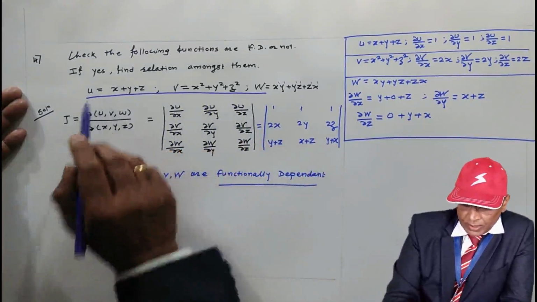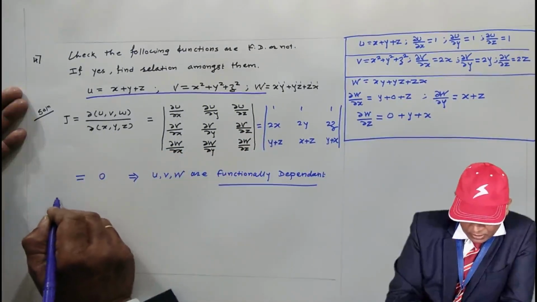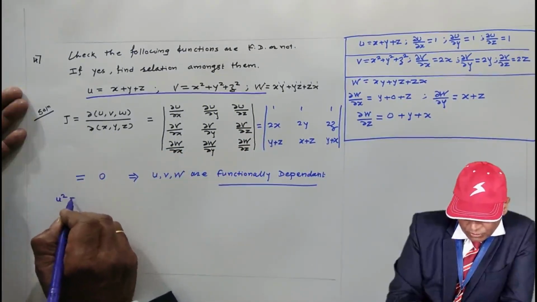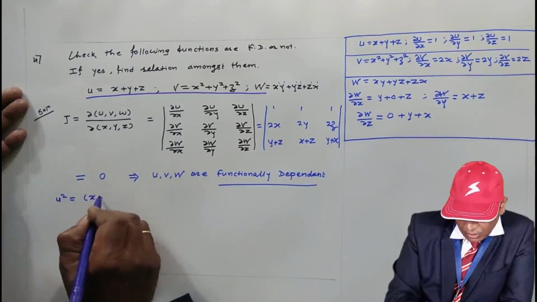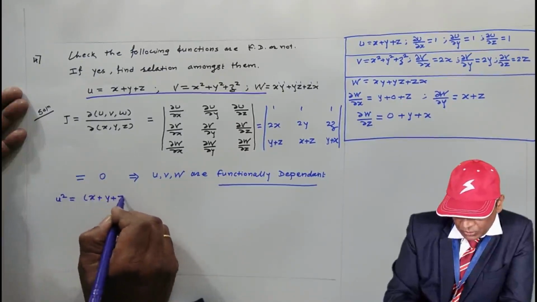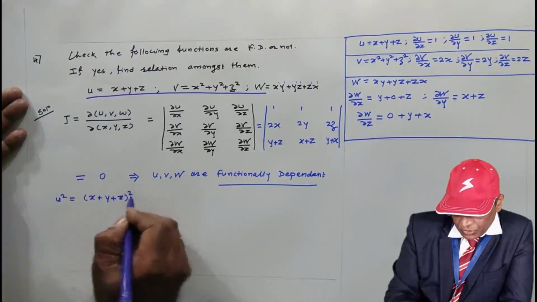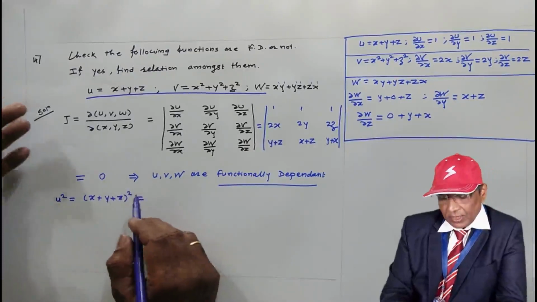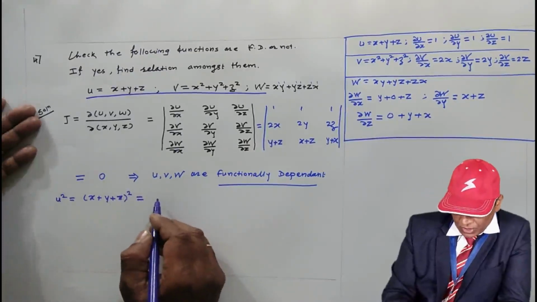Here I am going to take the square of u, because if you take the square, the degree of each and every term will be the same, 2.